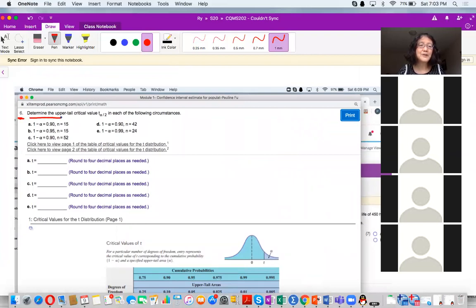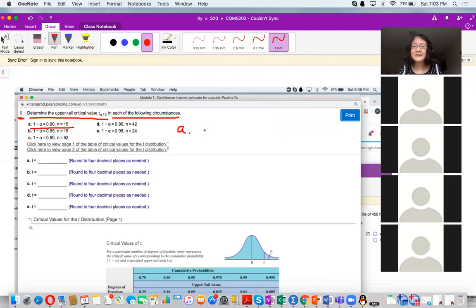Determine the upper tail critical value t subscript half alpha in each of the following circumstances. We just do 1. If you can do 1, you can do 5, you can do 10. So let's just do A: 1 minus alpha equal to 0.9, n equal to 15.